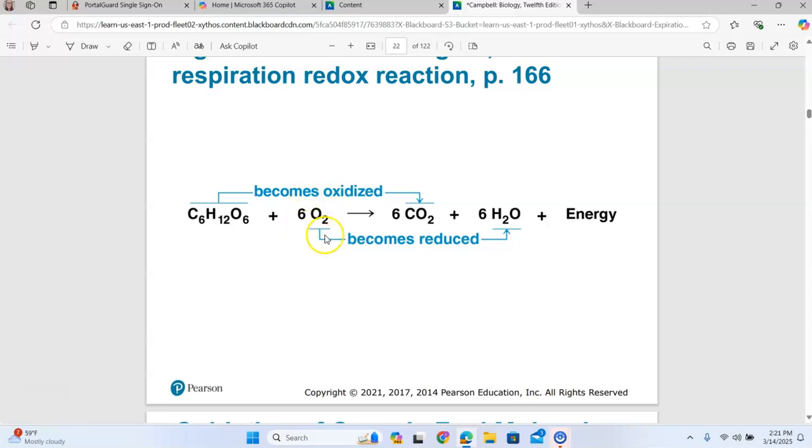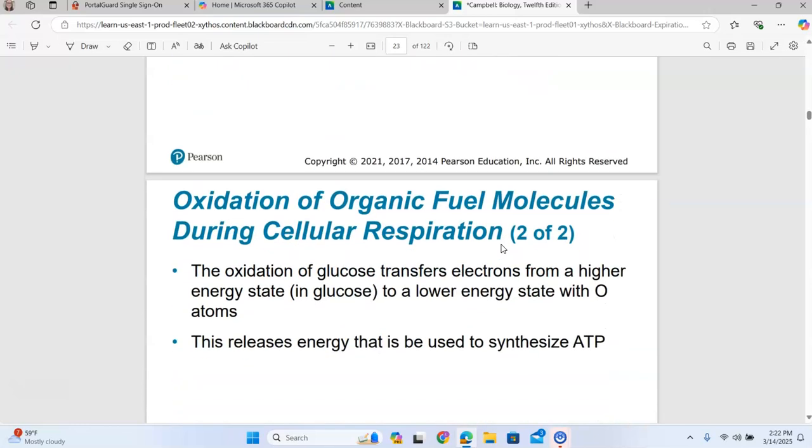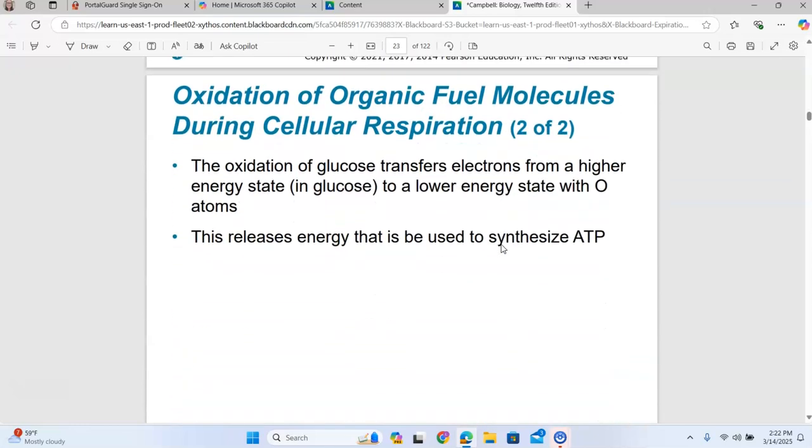Then the oxygen gas, the other reactant, gains electrons in the form of those hydrogen atoms, and it becomes water. So we say that oxygen is reduced because it gains electrons. Reduction is gain. Go back and watch slide number 19 on redox reactions to help you understand it a little better.